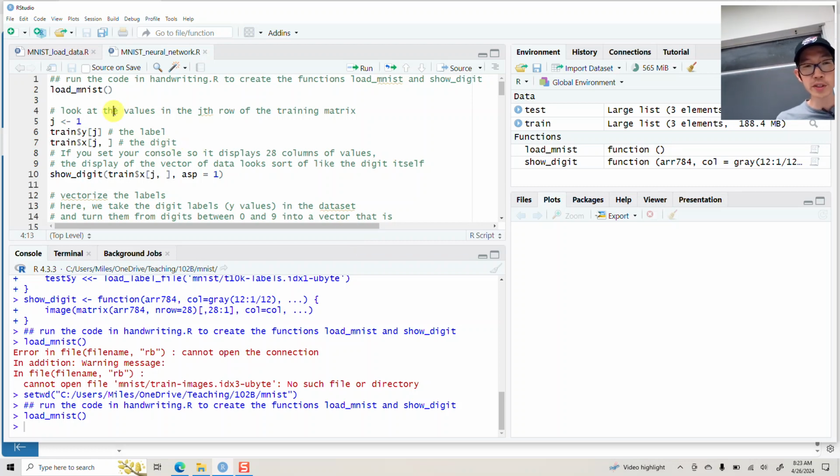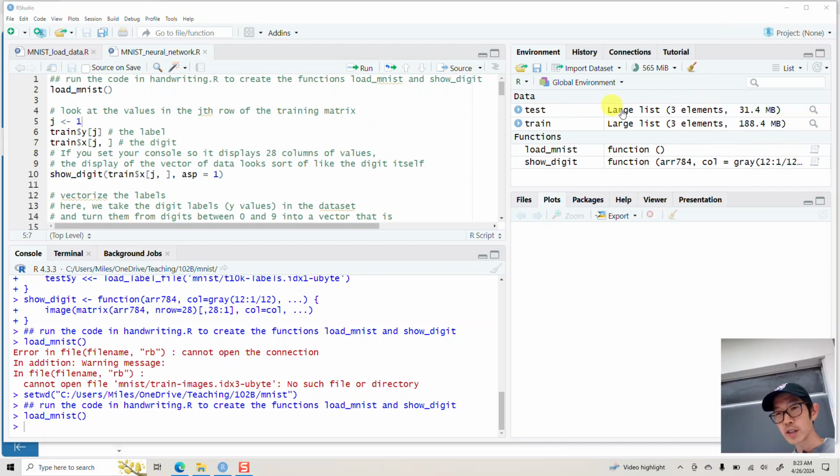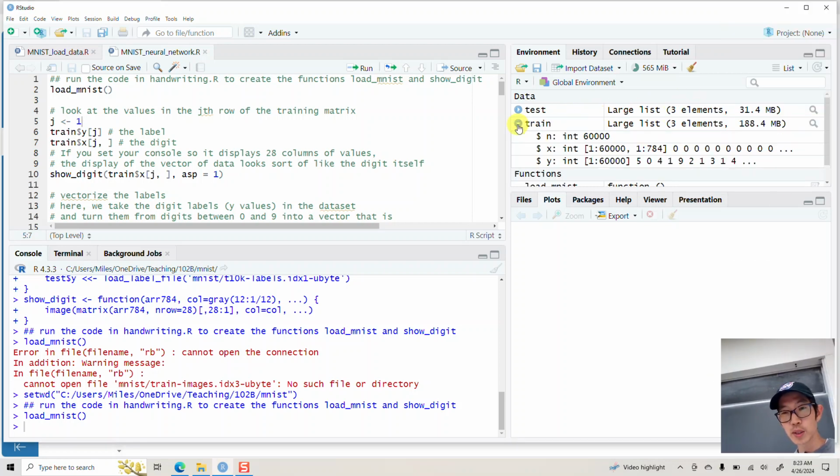All right, let's take a look at our first digit. You can see train and test. These are big lists, and in train there's the X and the Y. X is the input and Y is the label.